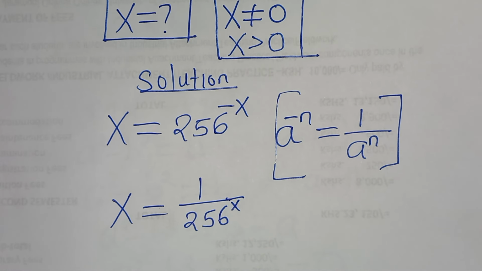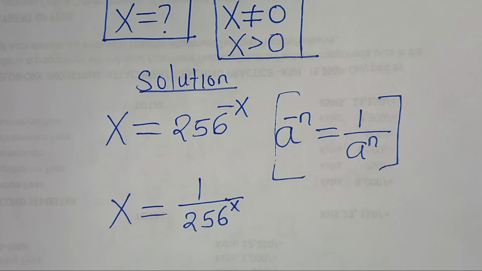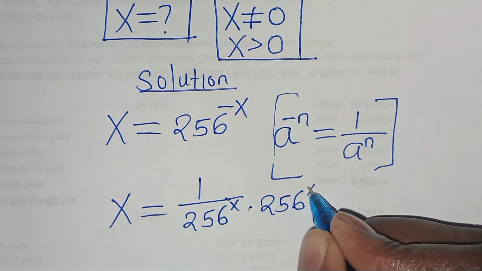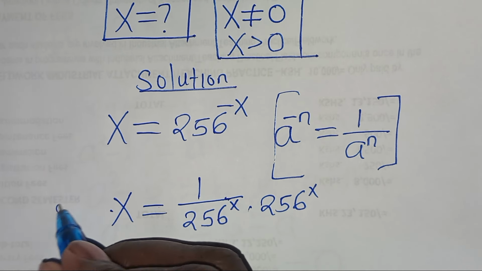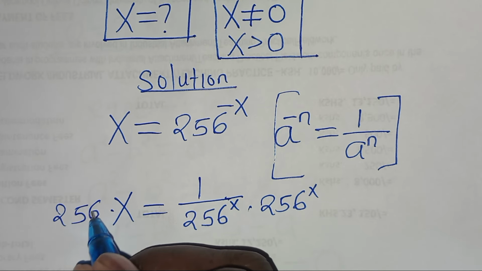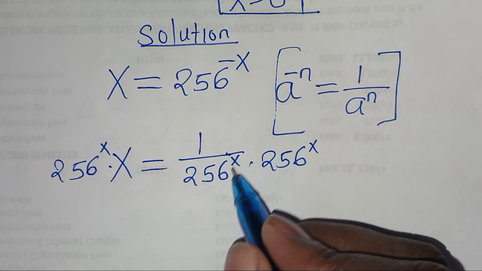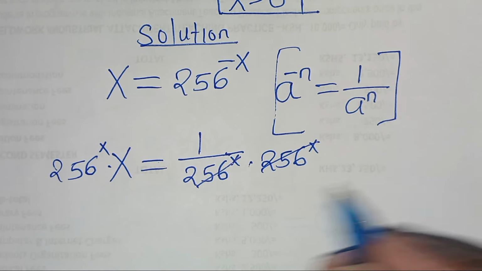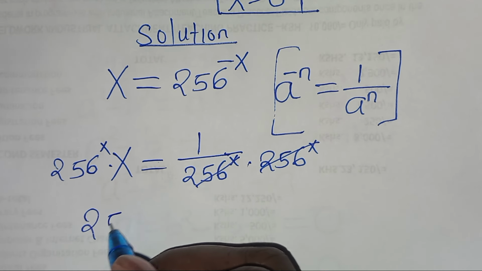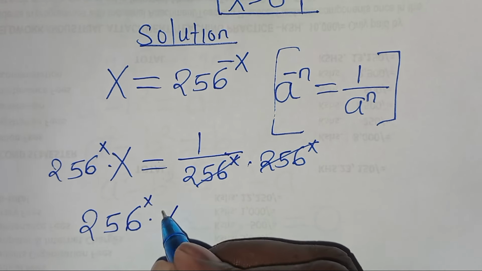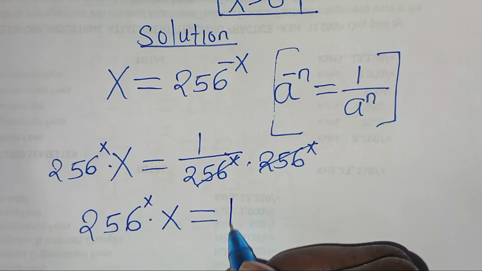So the next step from here, let's multiply both sides by 256 raised to the power of x. So let's simplify here, so that now we have 256 raised to the power of x times x is equal to 1.